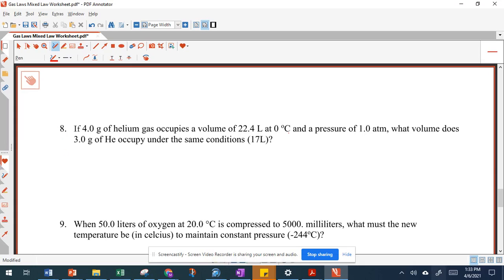So on one side of our problem, we have our P1, V1, T1, and we're also going to have N1. P2, V2, T2, and N2. So for our amount, we have 4 grams.